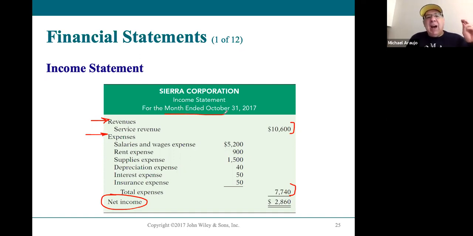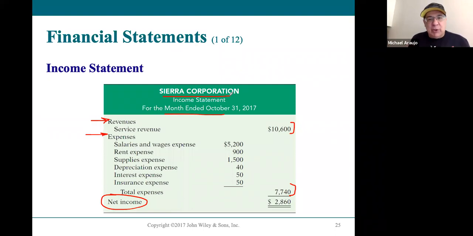So that means from October the 1st through October 31st, this particular company, which is a fictitious company in your book, Sierra Corporation, does tours, like hiking tours of the Sierra Nevada region. I don't know if you read through that in your book or you remember, but that's basically what Sierra Corporation does. So it provides a service.